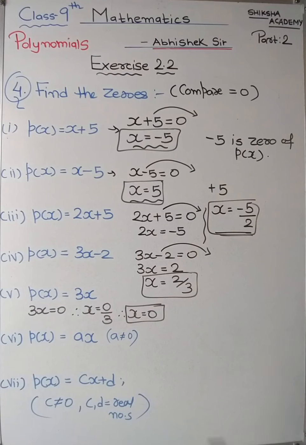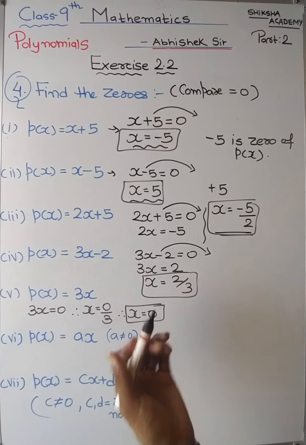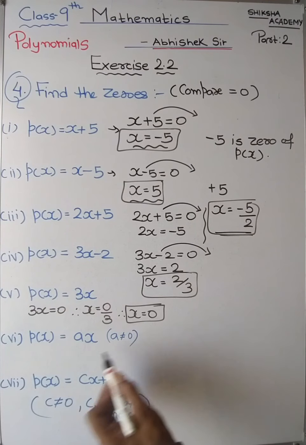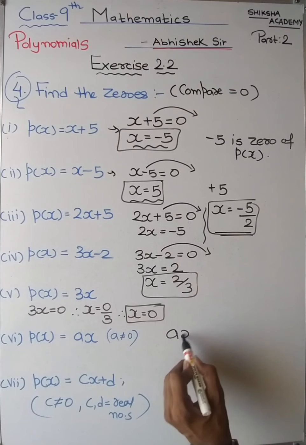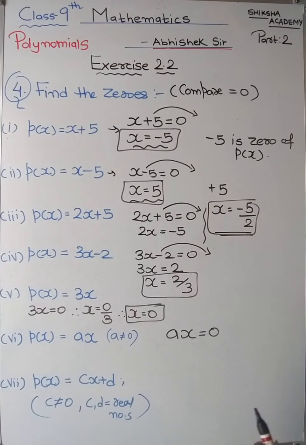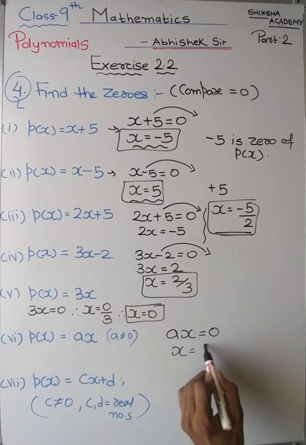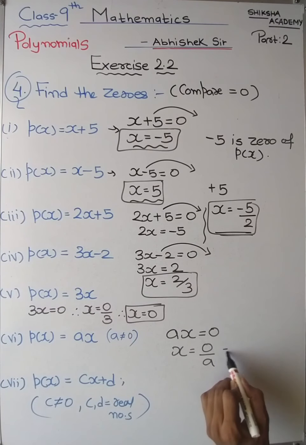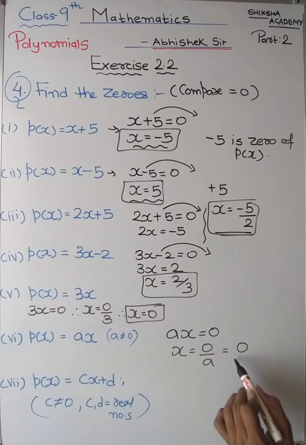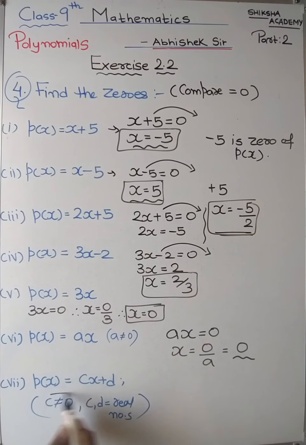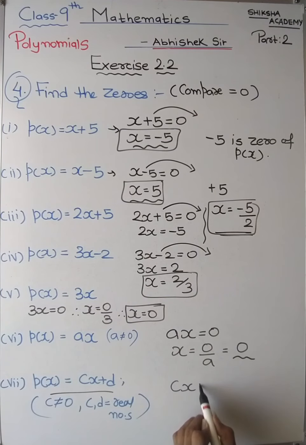Clear? Over here the last two have no values given, but again we will follow the same procedure. If p of x is ax, to find the 0 we have to compare it with 0. So x equals 0 upon a, and that means it is 0 as well. Over here it is cx plus d equals 0.